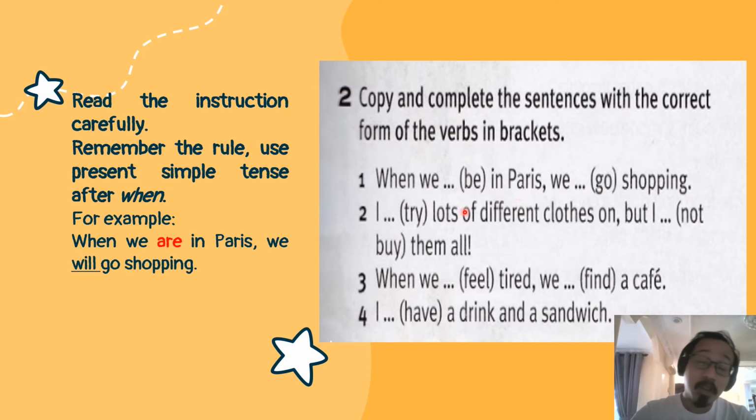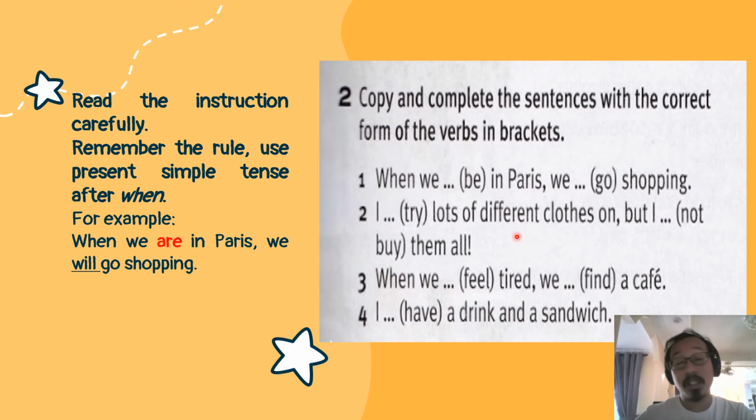Now, why do we go with are instead of is? For that one, we need to look at our subject. Our subject is we. We tells us that there is more than one person, right? So plural form. So for plural form, we go with are, not is.